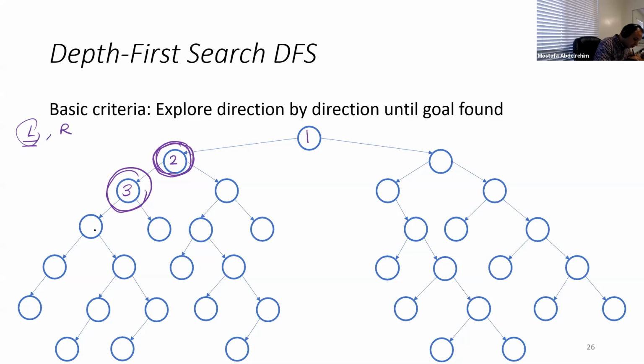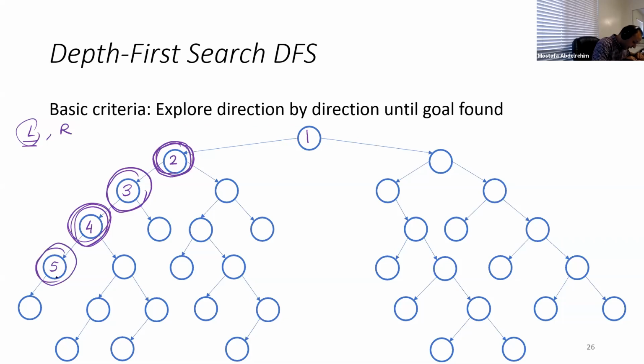It also has two children. We go with the left first, 4. This is now the node in hand. From there, 4 also has two children, so left first, so 5. This is now the node in hand.